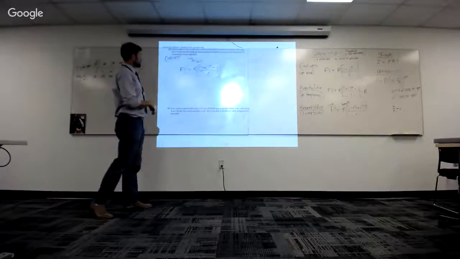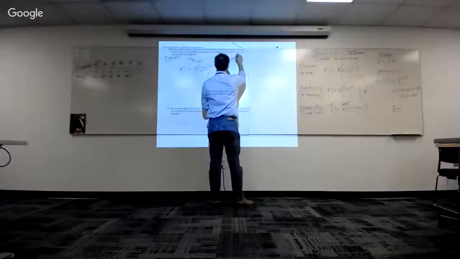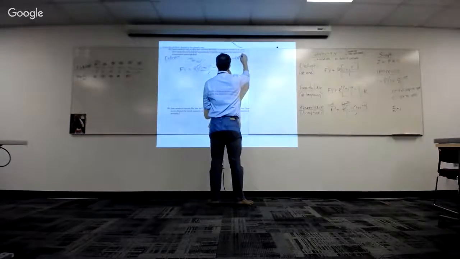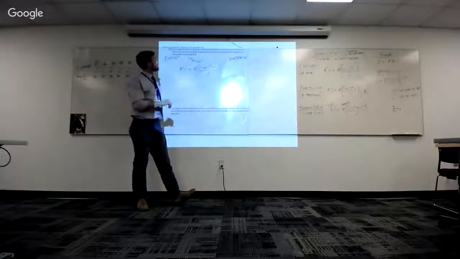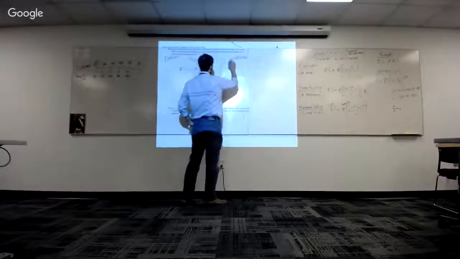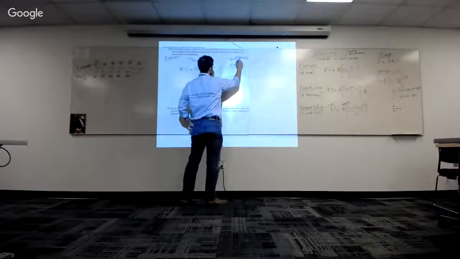He's investing semi-annually, twice a year for 30 years, so n is 60. The interest is 5%, but we're splitting that twice per year, so i is 0.05 divided by 2, and that's 0.025.